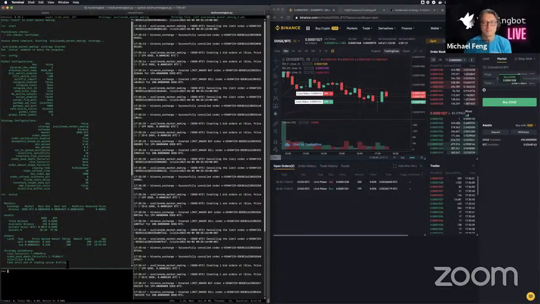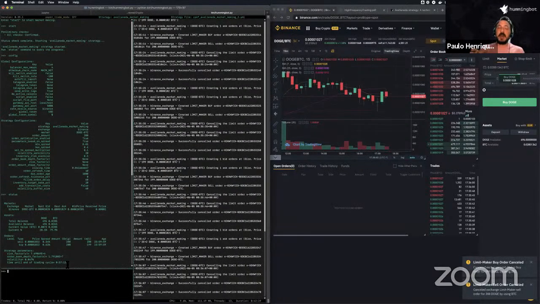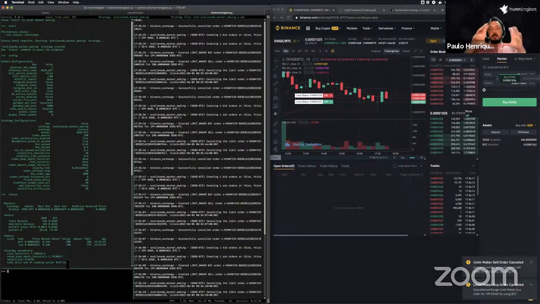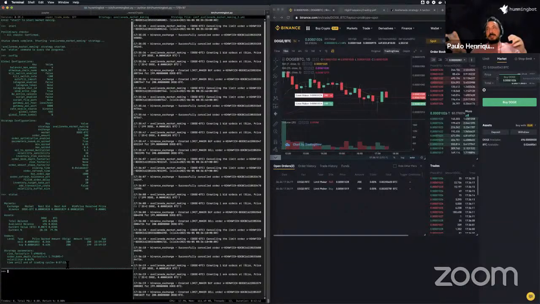In this case, the default value is 1 hour, but you can, for example, set 24 hours. So the way the model works, it takes more risk at the beginning of the day, and as the day goes by, it starts to take less risk to return the inventory back to the start.